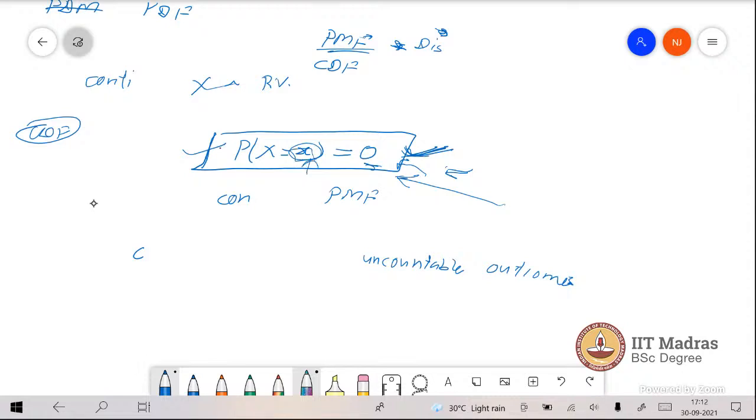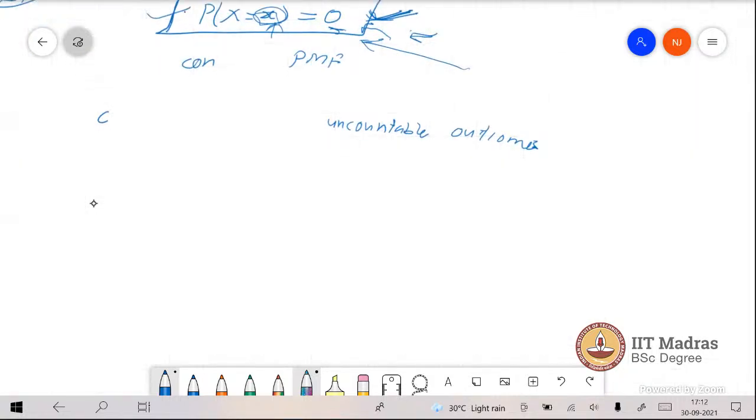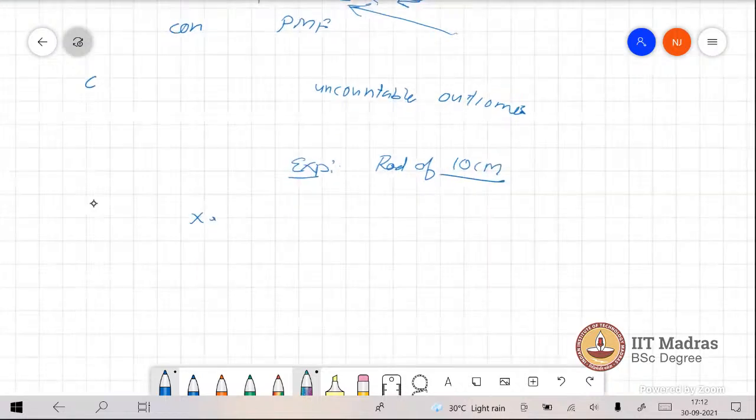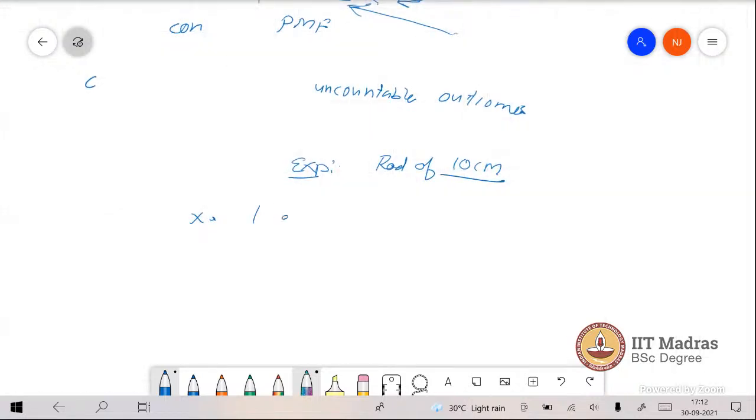Let's say, for example, I define the experiment first: I'm breaking a rod of 10 centimeters. Now my x I'm defining as the length of the smaller part. It will break into two parts.